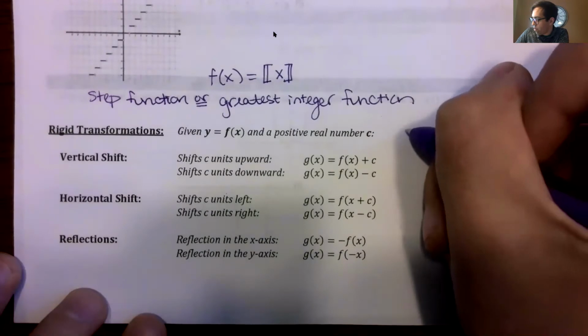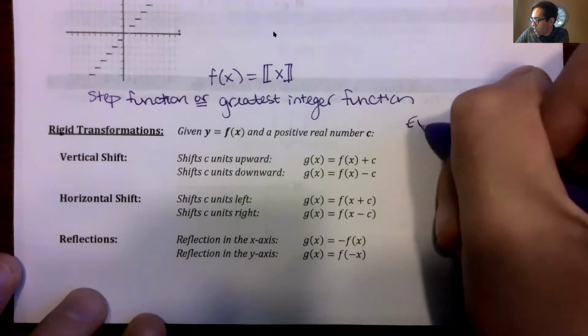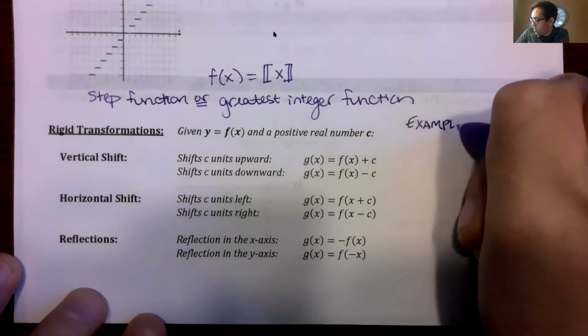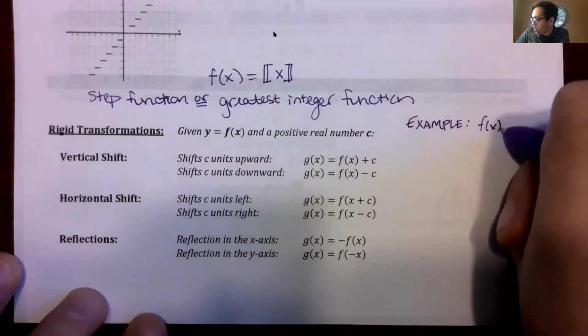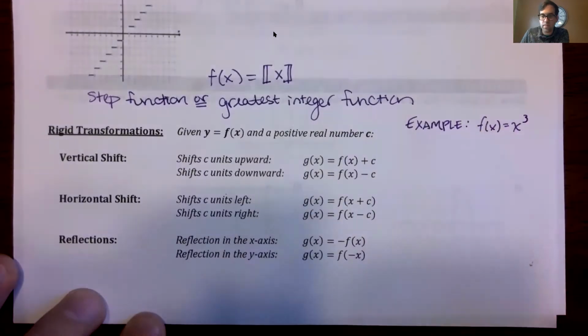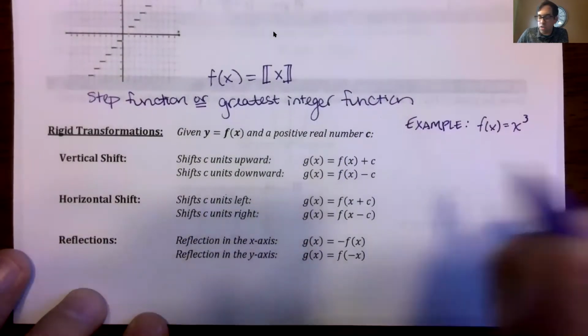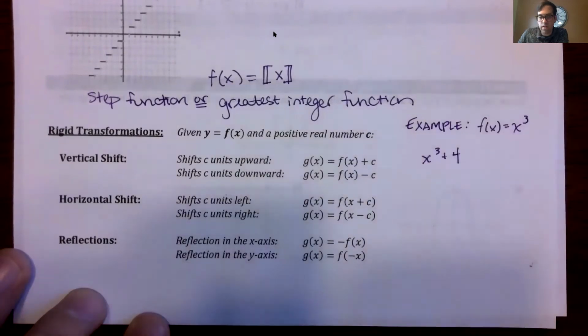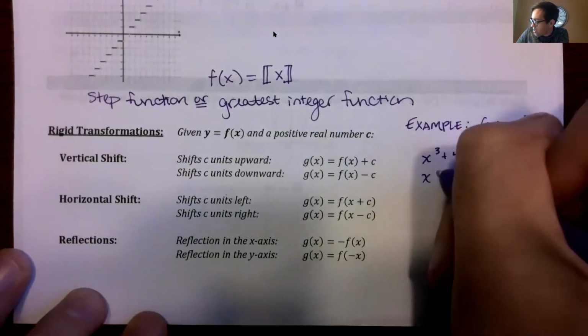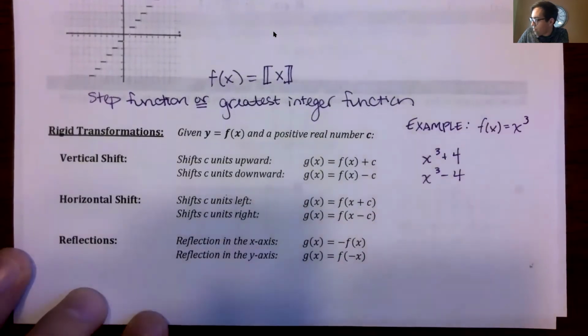So if, for example, our function was x cubed, x cubed plus c might be like x cubed plus 4, whatever the c is. If we're shifting down, it's going to be x cubed minus 4.